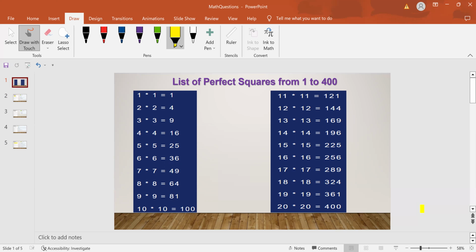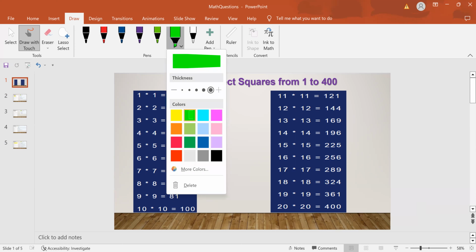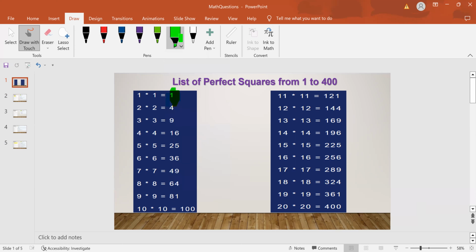To be specific, 1 is a perfect square. Why is 1 a perfect square? Because 1 is the same as 1 multiplied by 1. I want to highlight it. Okay, no problem.